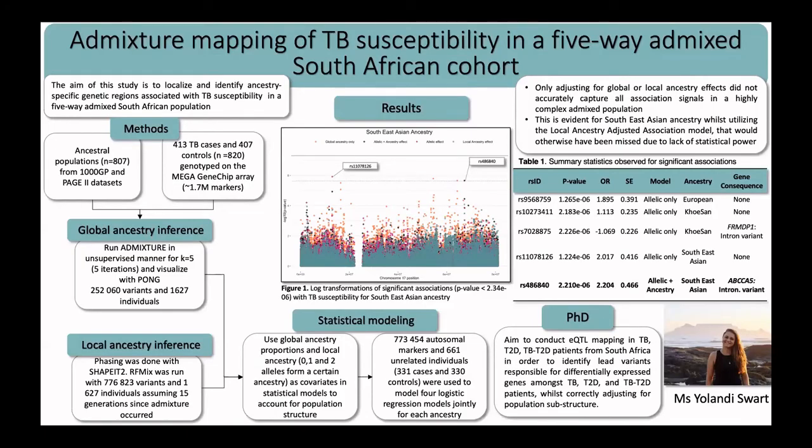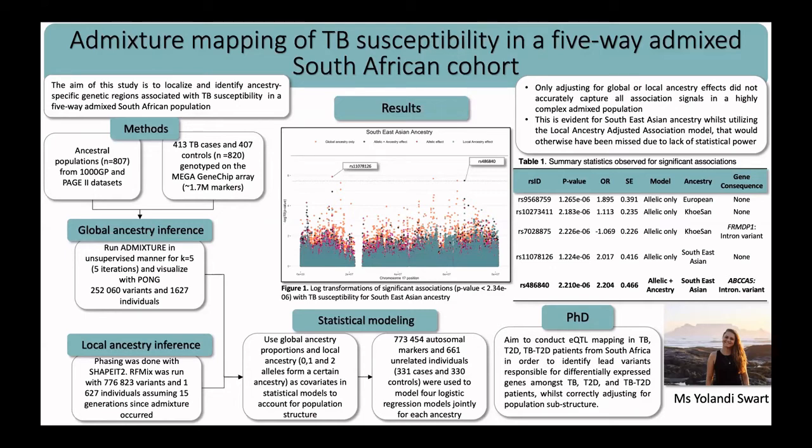Another one of my PhD students, Yolande Swart, also took an alternative approach to standard GWAS, and she performed admixture mapping of TB susceptibility in a 5-way admixed South African cohort. And she too identified some very interesting significant associations.